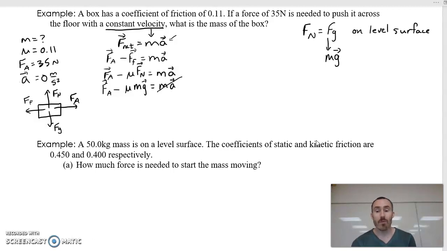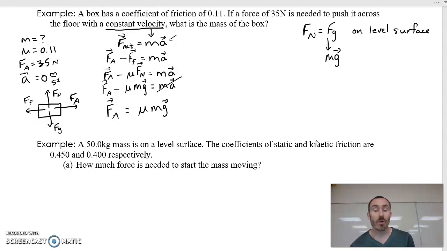And so what we end up with then is that the applied force is equal to the force of friction, right? And that makes sense, because this is constant velocity, no acceleration. That means that the horizontal forces must be equal to each other. And so we have the applied force. When I add mu mg to the other side, I get the applied force is equal to mu mg.